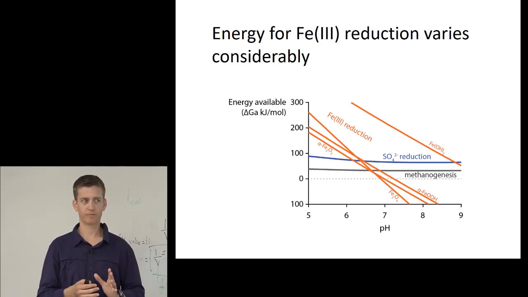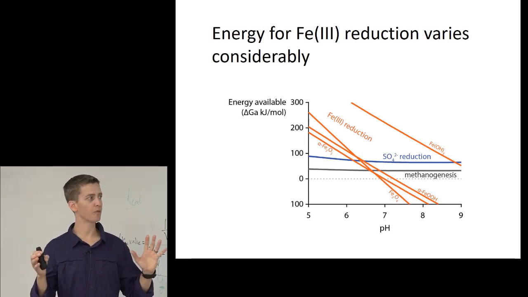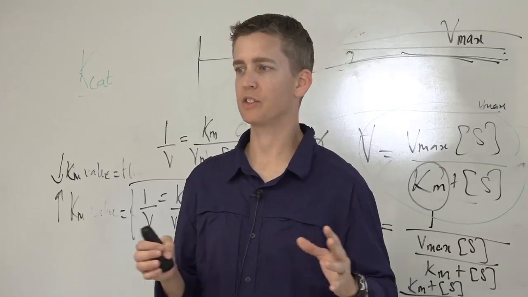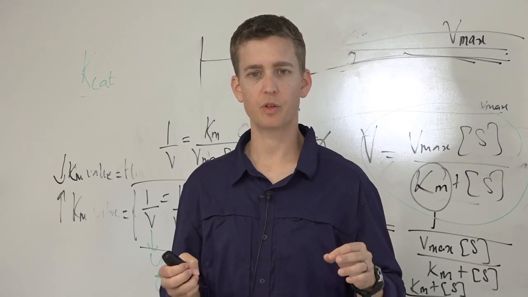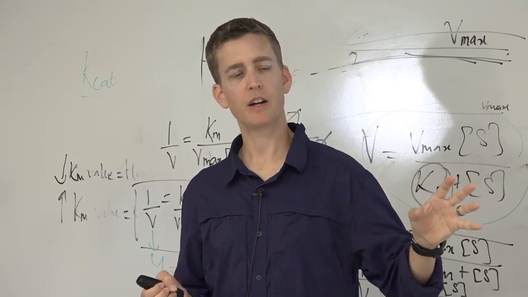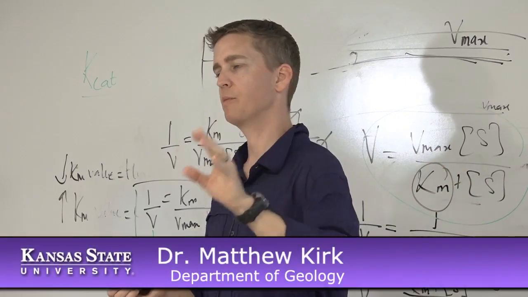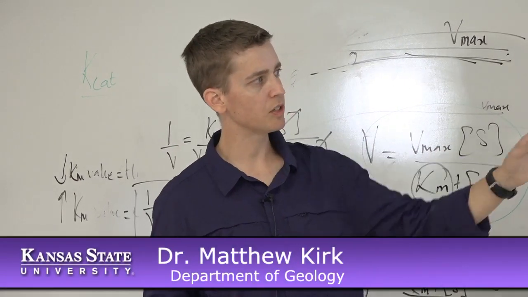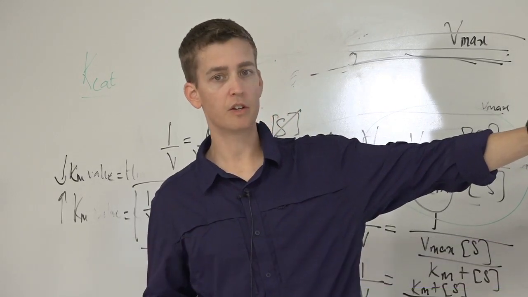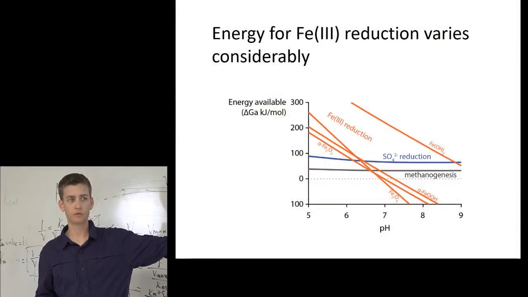So let's try to put all this together before we move forward. We have two main working hypotheses that we've been playing around with for the past few years. One of them is that iron reduction is going to be better able to compete with sulfate reduction and methanogenesis at acidic pH than basic pH because of this variation in energy and because of sorption.